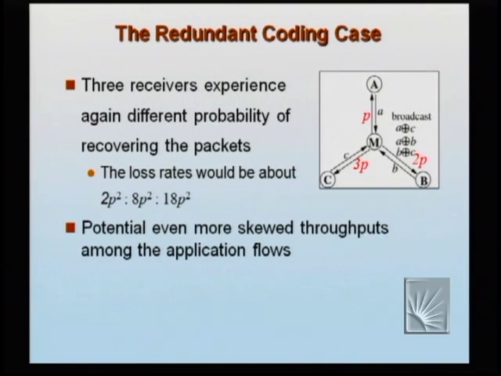Now the loss rate has been reduced, but the relative difference is actually bigger, right? Potentially, though I'm not very sure because there are other factors that affect TCP throughput, this more skewed loss rate can result in even more skewed throughput among those application flows.